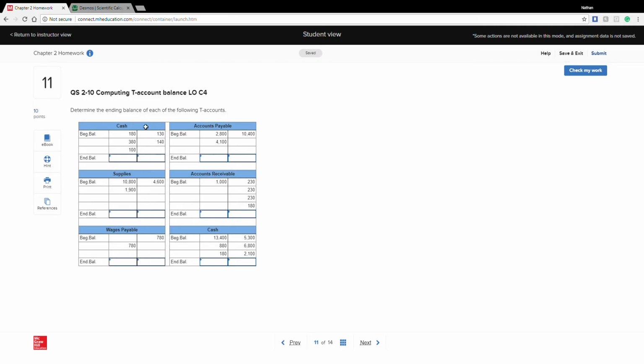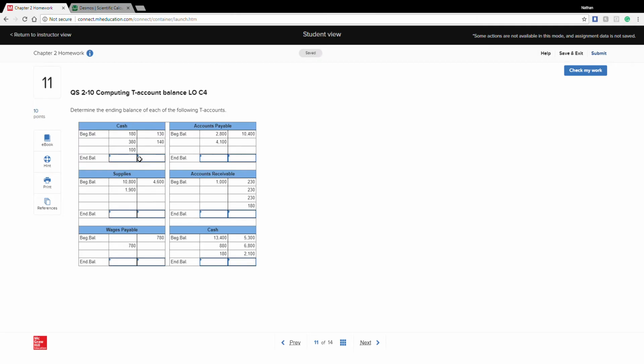So for instance, with cash, we know cash itself is increased by debit, decreased by credits. So when we do the math, we must add in all of our debits and then subtract it by all our credits. Same thing on this side. We have credits and we have debits. And once we fill out that number, we actually fill it in to which side is greater.